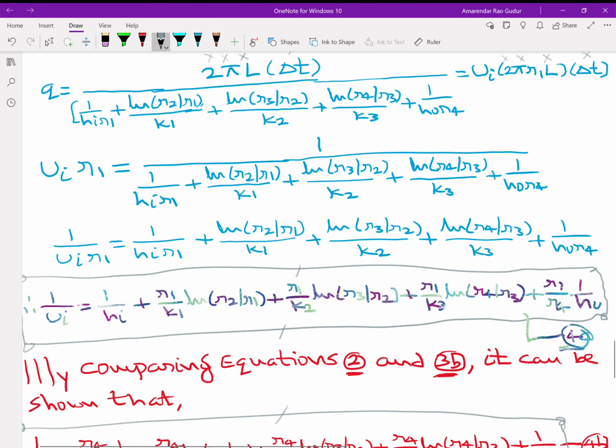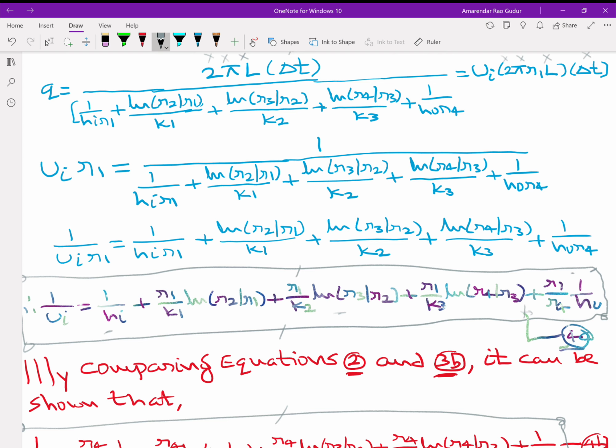That is 1 by Ui is equal to 1 by Hi, beginning with the convection, plus R1 by K1 log R2 by R1, which corresponds to the first layer, R1 by K2 log R3 by R2, which corresponds to the second layer, R1 by K3 log R4 by R3, which accounts for the third layer. If at all you have one more layer, R1 by K4 log R5 by R4. So you can have as many terms as you feel that you need. At the end, it's going to be R1 by R4, 1 by H naught, which stands for the outer convective term.